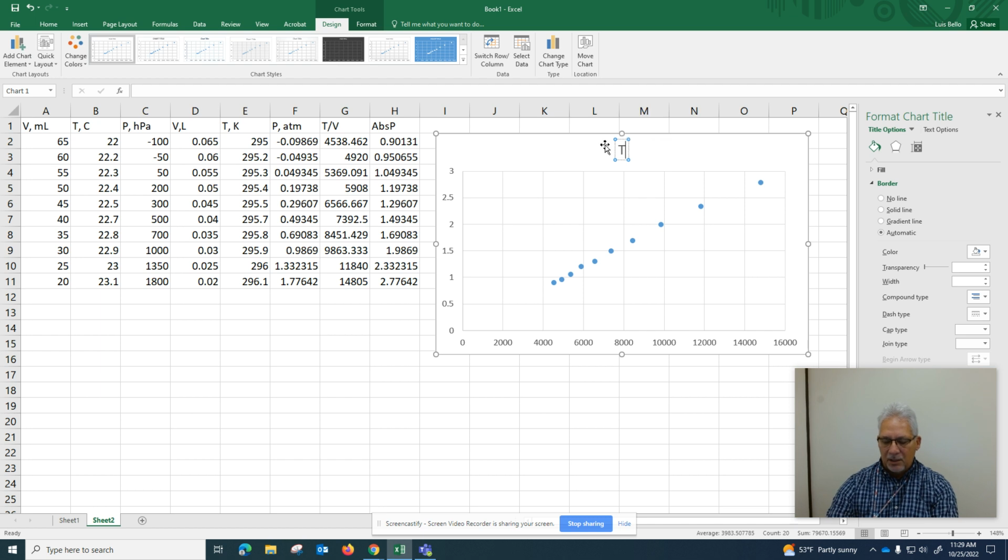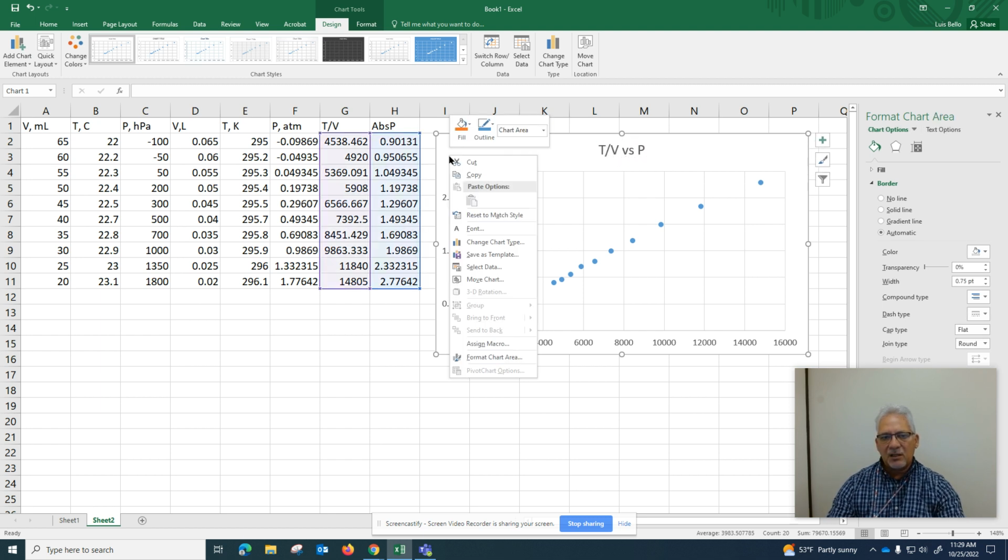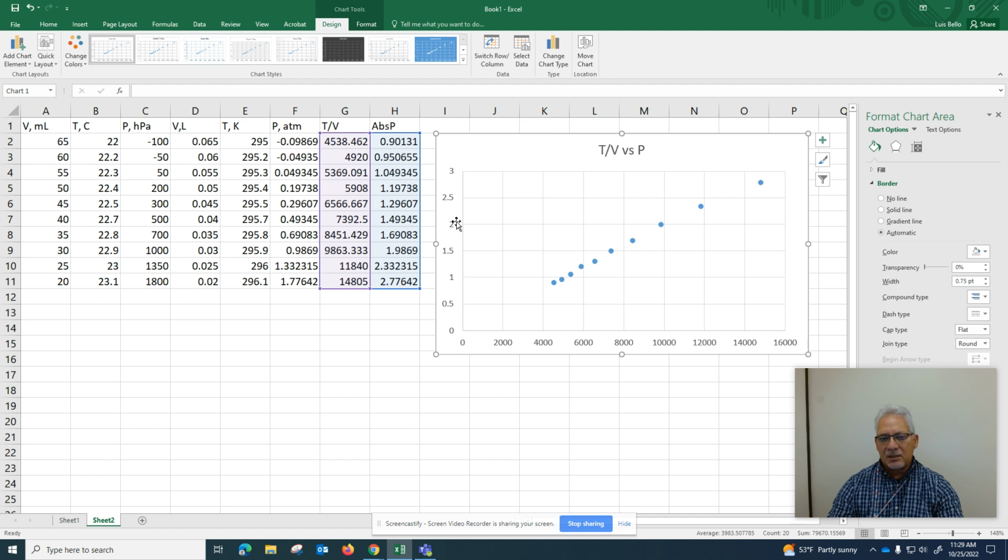The title will be T over V versus pressure. There are many ways to insert text and identify every axis: the vertical Y axis is T over V, and the horizontal X axis is pressure.